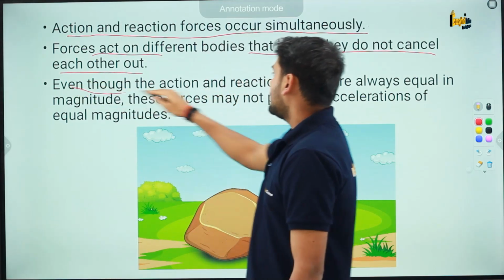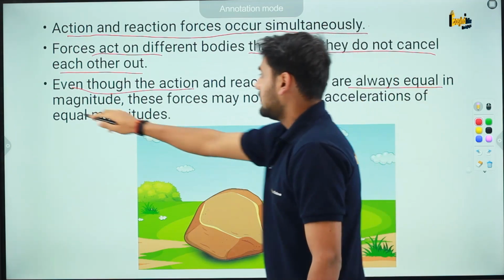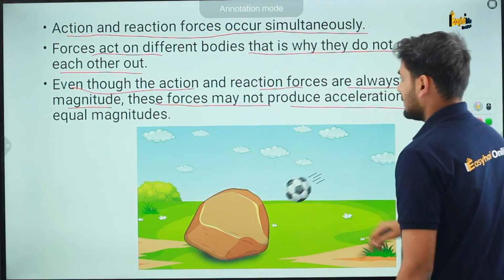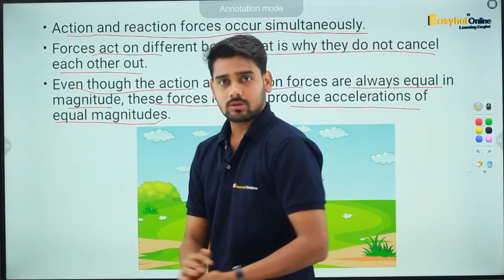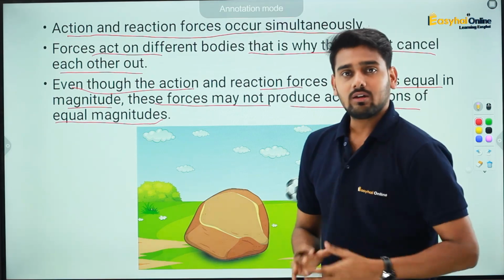Even though the action and reaction forces are always equal in magnitude, these forces may not produce accelerations of equal magnitudes. See, the reason behind this is the second law of motion.